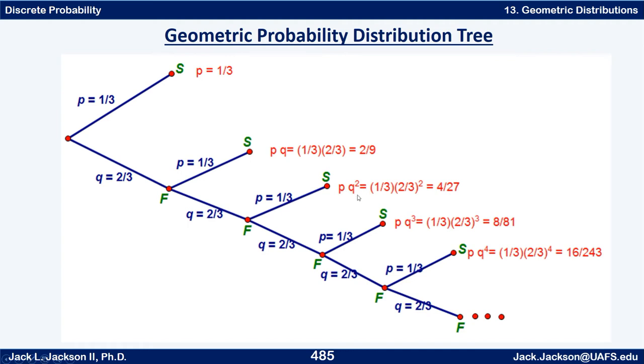So you always get a p and a q to some power. The two powers have to add up to x. So this is p to the first times q to the x minus 1 is the probability function.